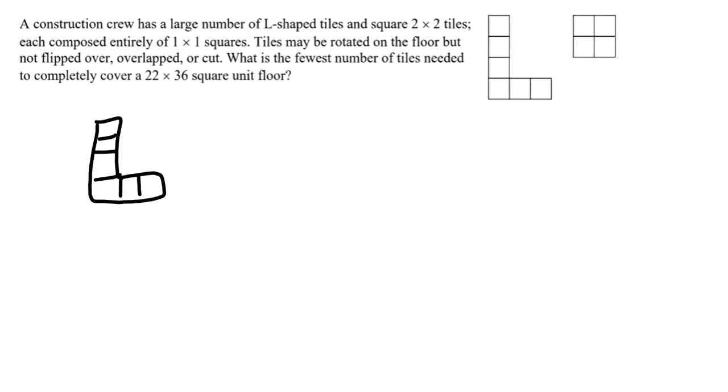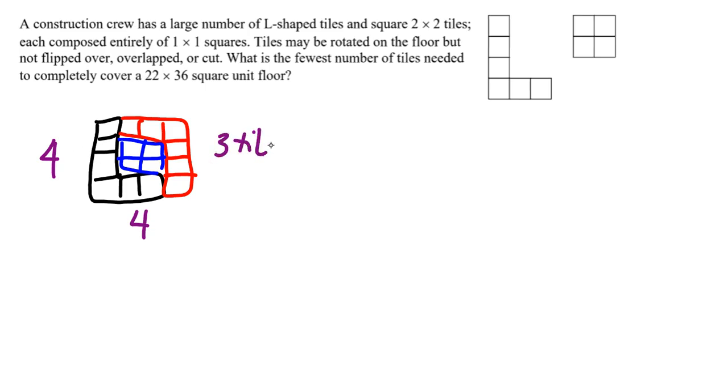And then thinking about having another L shape right beside it. And when you do that, what you end up with is a 2 by 2 in the middle here. So basically, I have covered a 4 by 4 space using 3 tiles.